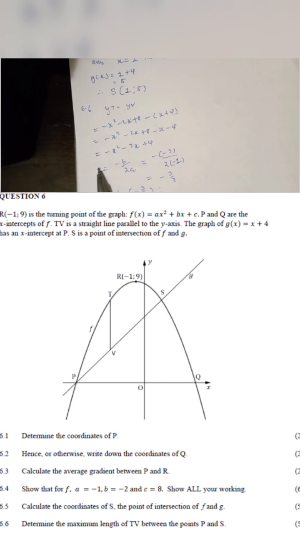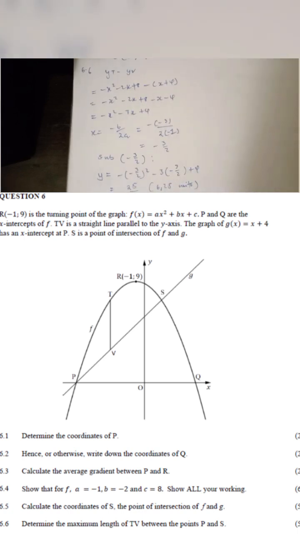Then we use x is equal to negative b over 2a to find the turning point, the x value of the turning point, because that's where the maximum value is found. It's found at this point. Okay, so we use this x is equal to negative b over 2a to find the x value of the turning point. Then we sub that negative 3 over 2 into the equation, this equation over there.